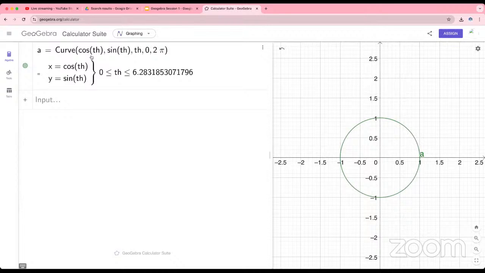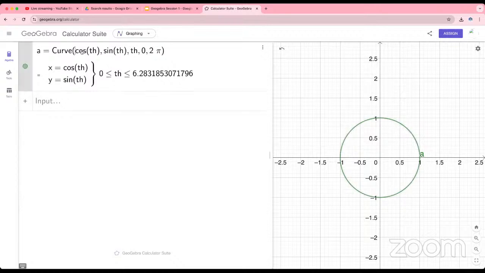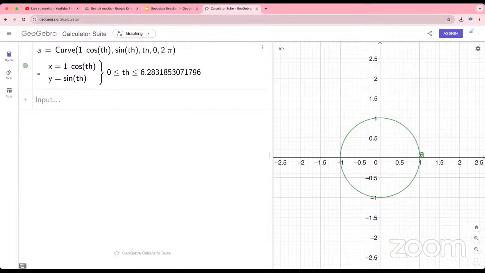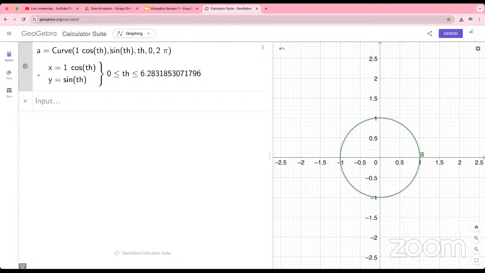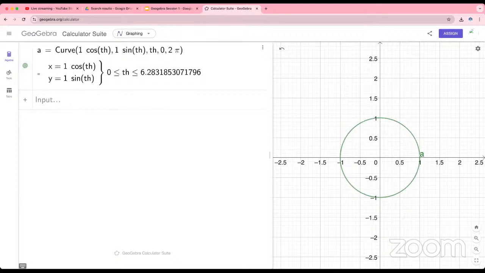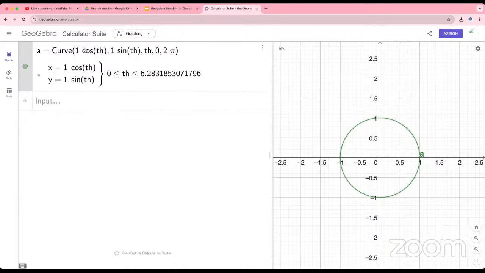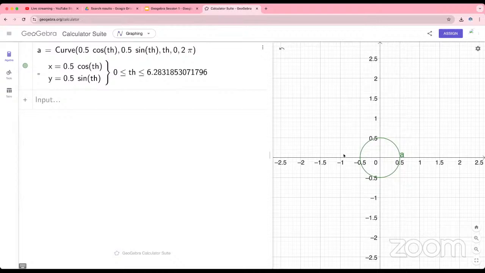When I have written cos theta and sin theta, it is assumed the radius 1 is multiplied by cos theta and 1 multiplied by sin theta, where 1 is nothing but its radius, isn't it? So instead of that, if I do 0.5 cos theta and 0.5 sin theta, its radius would decrease by that.